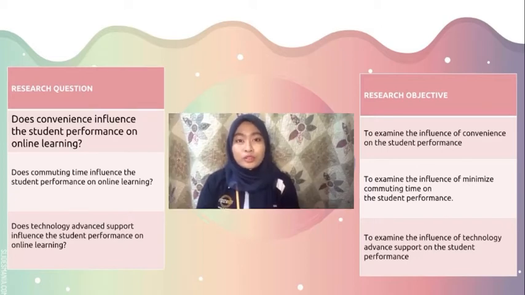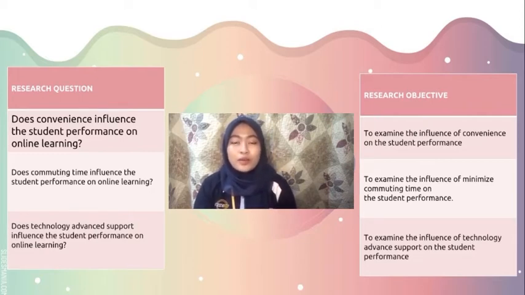We move on to the next part, which is the research question. In this study, we also come up with 3 research questions, which is to find out whether there is any significant relationship with these 3 factors: convenience, minimized commuting time, and also technology advanced support. First question is, does convenience influence student performance on online learning? Second is, does commuting time influence student performance on online learning?